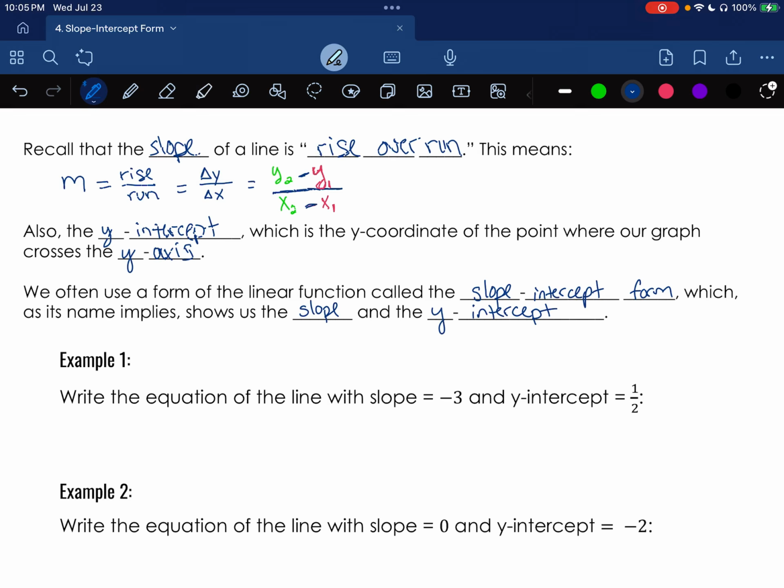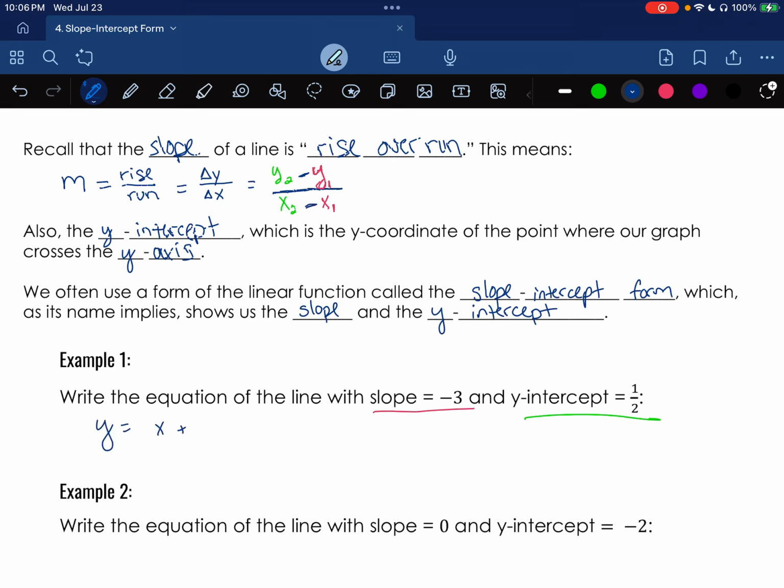So we're going to go ahead and write some equations in slope-intercept form. So we're going to write the equation of a line with a slope of -3 and a y-intercept of a half. All right, so I'm going to use the fact that I know that y is equal to mx plus b, like so.